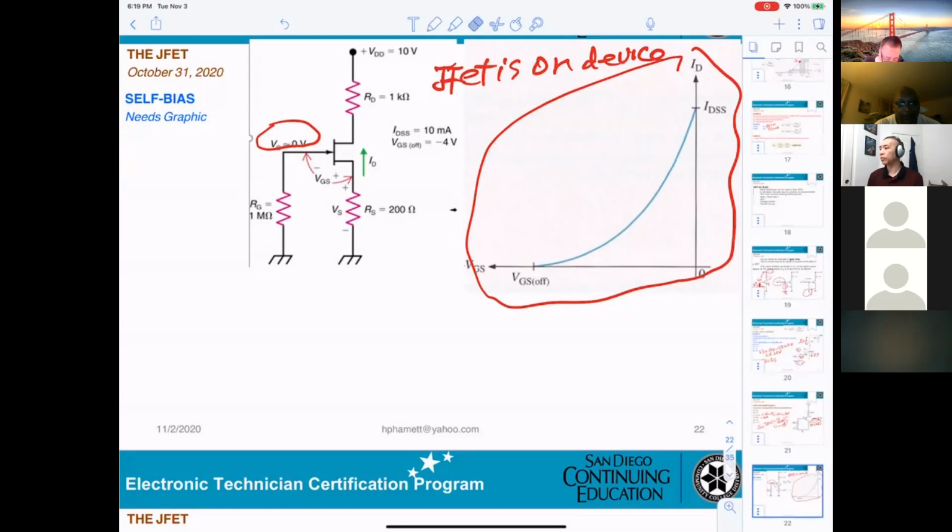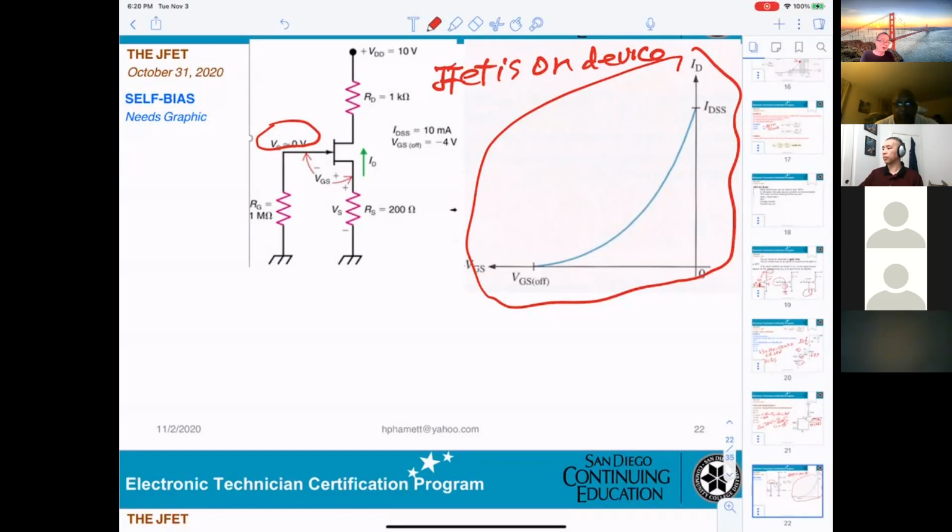Okay, now what does VGS equal? So the fixed bias is also an on device? Yes, in general, the JFET fixed bias is also an on device. Self bias is only another way to apply the bias to the JFET, but all the time it will be an on device. Why? When VG equals 0, it is still working.